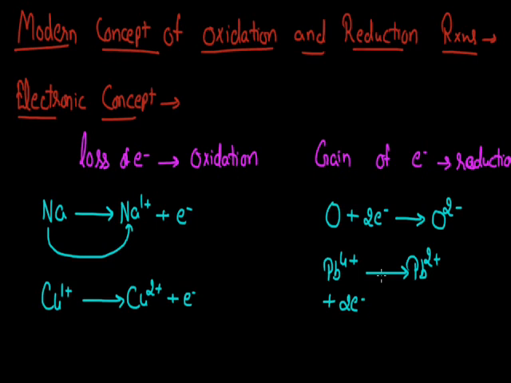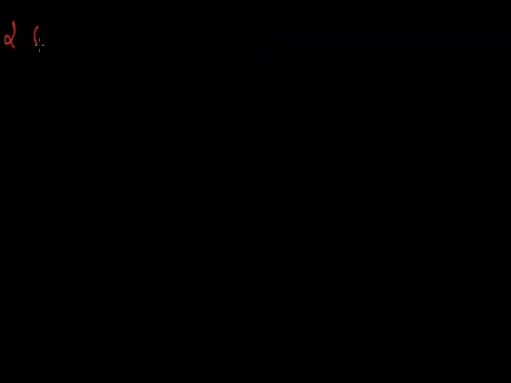Now we will be dealing with the next concept of this modern theory, that is the oxidation number concept. That is the second concept to define oxidation and reduction reactions, and this is known as the oxidation number concept or oxidation state concept. According to this theory, oxidation is defined as the process where an increase in oxidation state occurs.